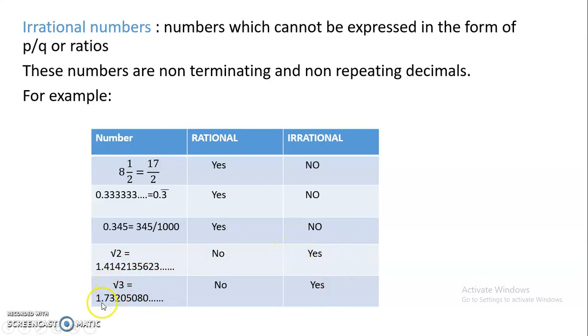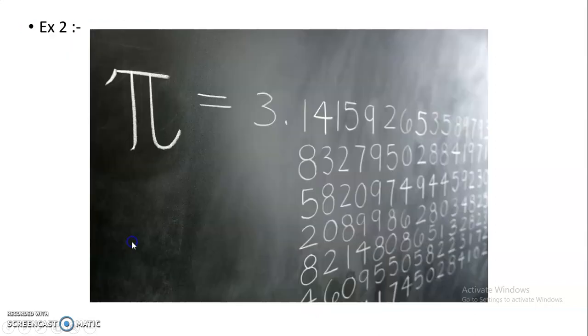Similarly, root 3, the value of root 3 is equal to 1.73205080, which is non-terminating and non-repeating. So this becomes an irrational number. Now this pi, you have already used to find out various areas, like the area of the circle.